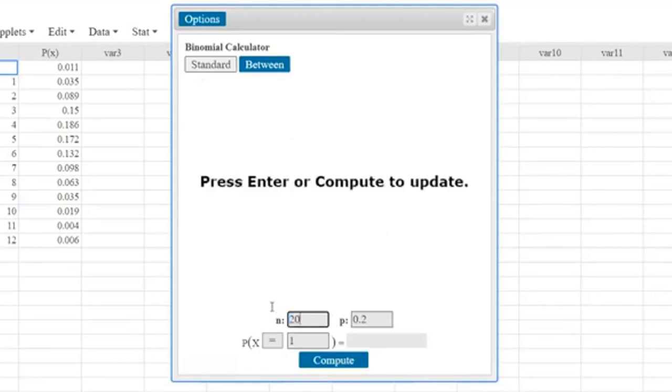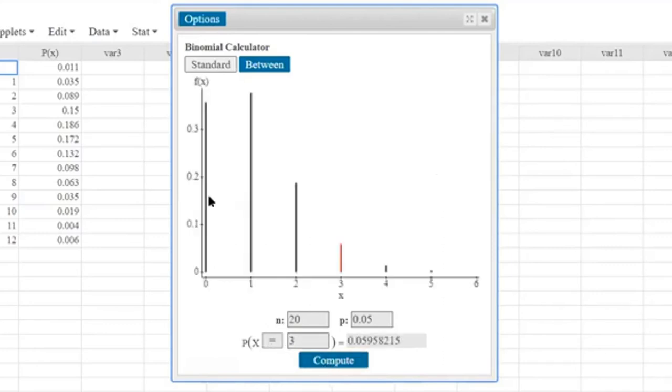So I would type 20 in here because there are 20 trials, and 0.05 because the probability of success is 0.05. If I want to know the probability of exactly 3 people suffering insomnia, then I say x equals 3. When I compute that, I get this graph, and right there's the probability, 0.0596 if I round to 3 places.